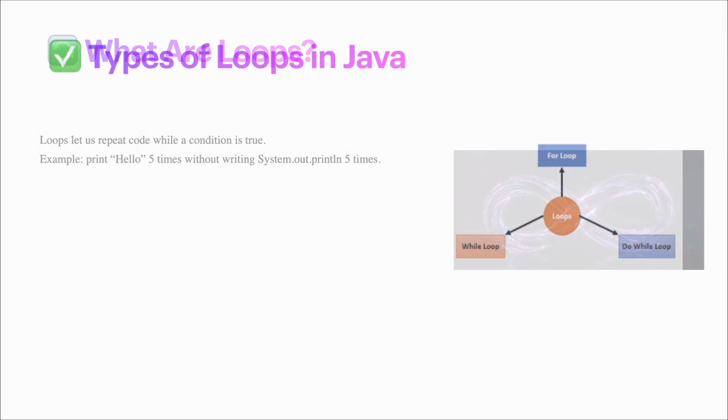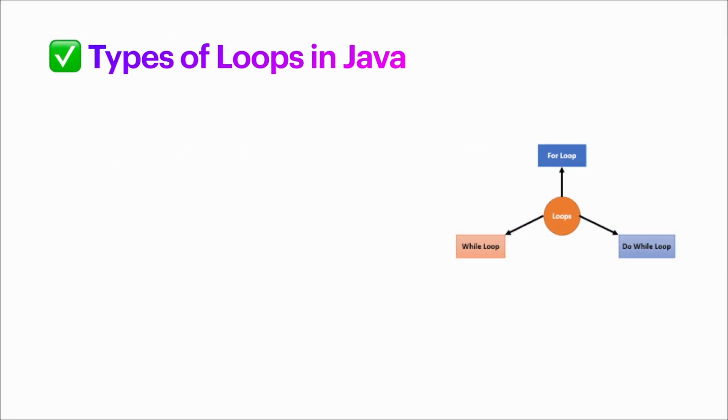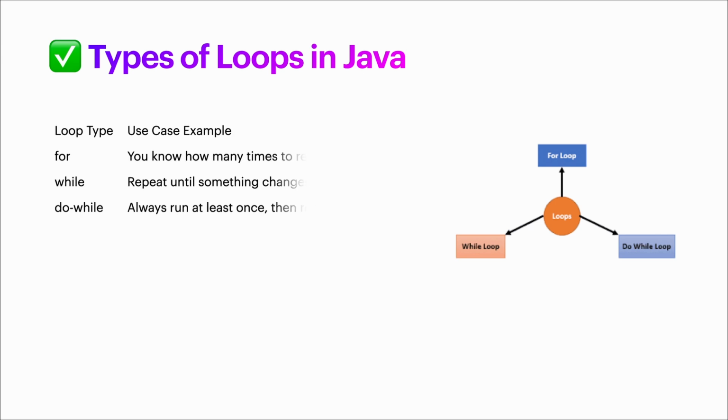We could use loops, but how do we use loops? Before then, we need to know the types of loops we have in Java. We have the for loop, the while loop, and the do while loop. If you look at the image on the right hand side of your screen, you can see the types of loops.